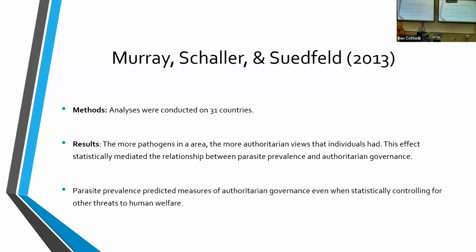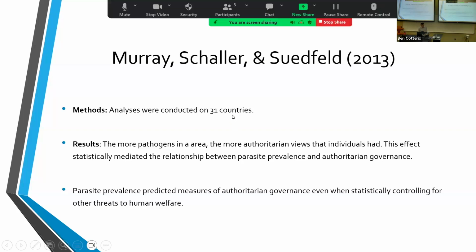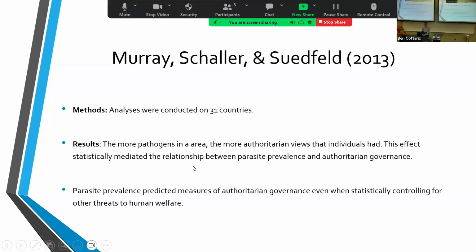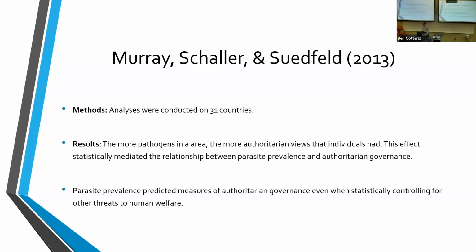They did analysis on 31 different countries and found that the more pathogens there were in an area, the more authoritarian views the individuals who lived there held. And the relationship was true even when controlling for other potential threats, such as famine, poverty, natural disasters, and so on.